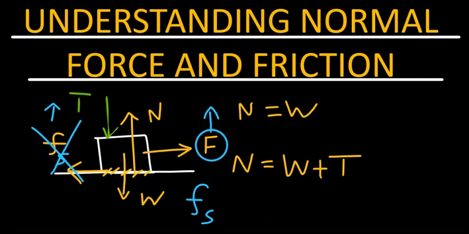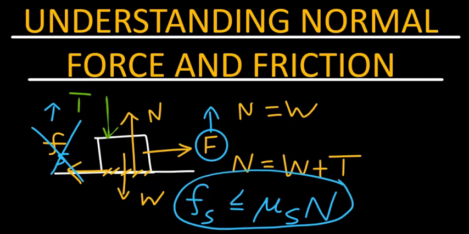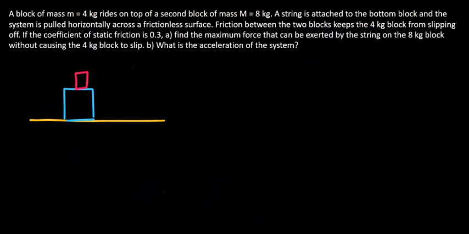At that point, the static friction is maximum, and the maximum static friction is given by the coefficient of static friction times the normal force acting on this object. So generally, static friction is given by an inequality, like that. So you see, both in kinetic friction and static friction, normal force plays an important role. Let's see how all this works in problems.